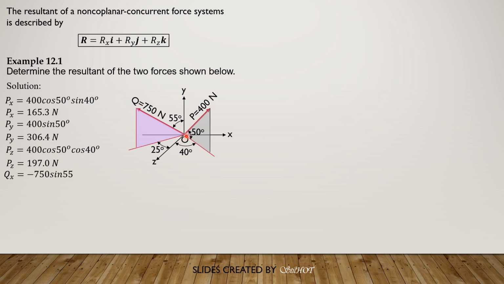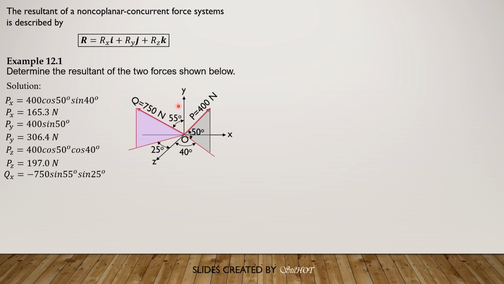Next, we have to compute the components of Q. Q is directed forward, up, and to the left, so it is only the x component of Q that is negative. The xz component is 750 sine of 55, since it's this angle that is given.